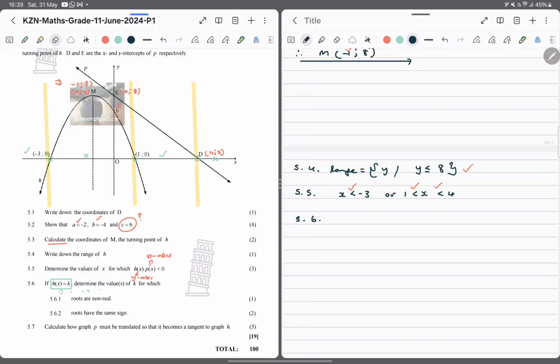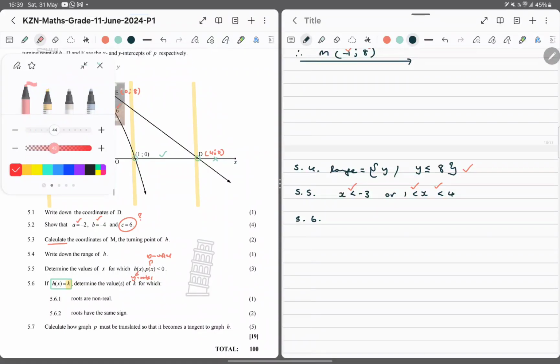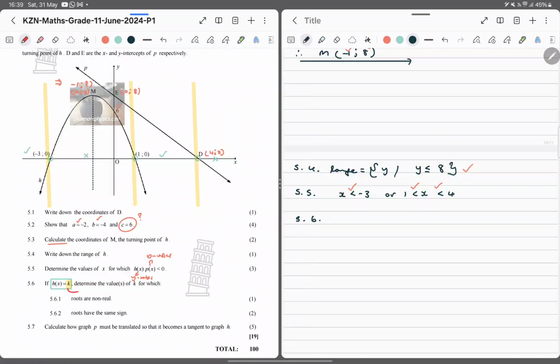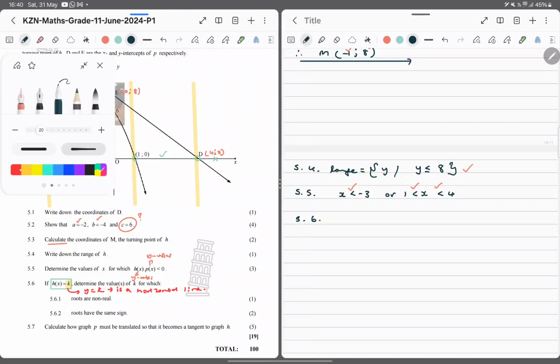H is the height, is our parabola, and k is any straight line. Actually, I meant to say this k here. This k, we can say y is equal to k is a horizontal line.